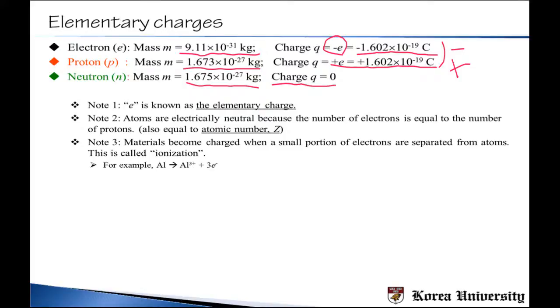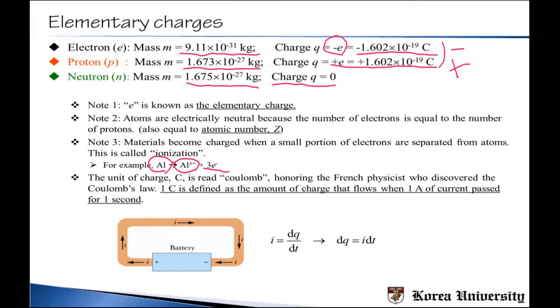For example, an aluminum atom, given by the symbol Al, can become ionized and positively charged when 3 electrons are taken out. So this is not an aluminum atom anymore. This is called the aluminum ion. So making an ion from an atom is called ionization.